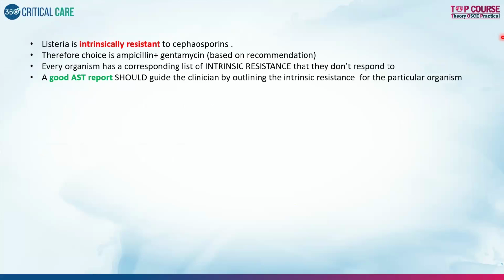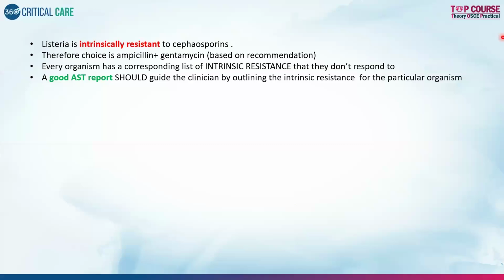Usually we do a combo of Genta and ampicillin basically to reduce resistance, and this is also based on the recommendation for broader coverage. We cannot practically remember antibiotics and the intrinsic resistance for all the organisms, so a good report will usually tell this.